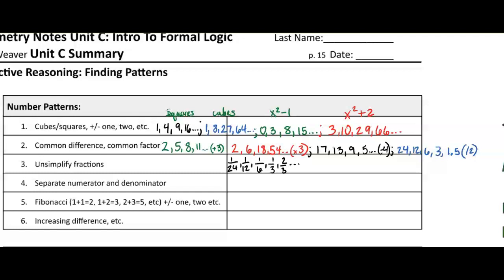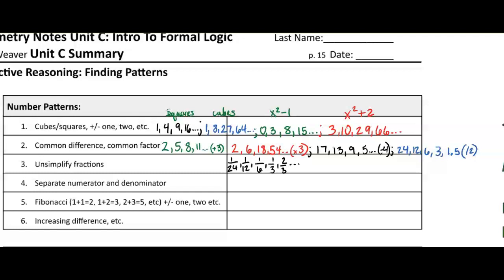Okay, especially when there's not a clear pattern. Like I have 1, 1, 1, 1, 2. 24, 12, 6, like it starts to look like a pattern. 24, 12, 6, 3, 3. What's happening there? Okay, so unsimplifying my fractions can often help.